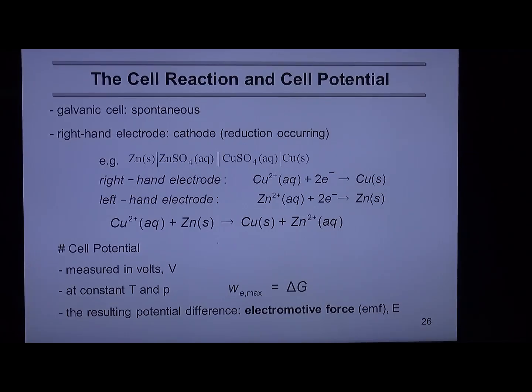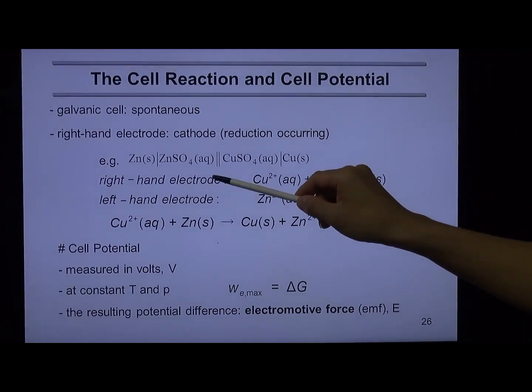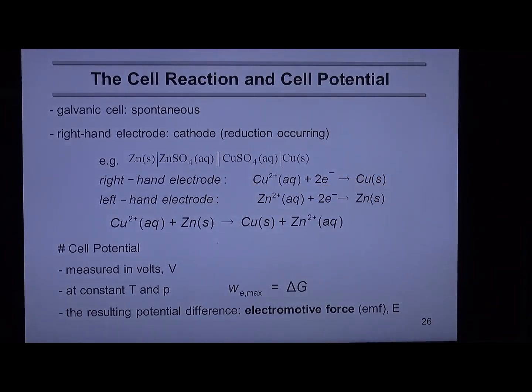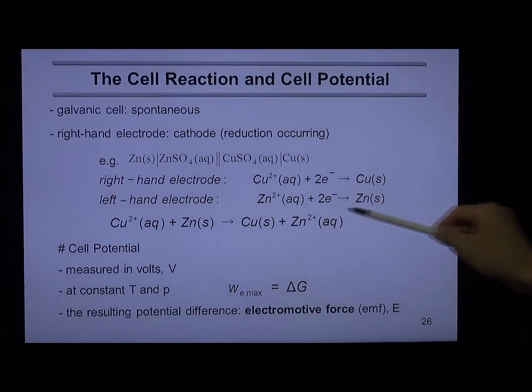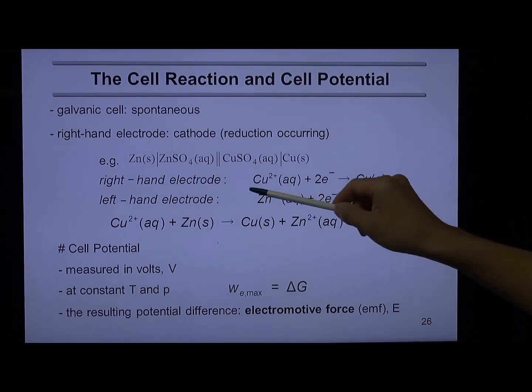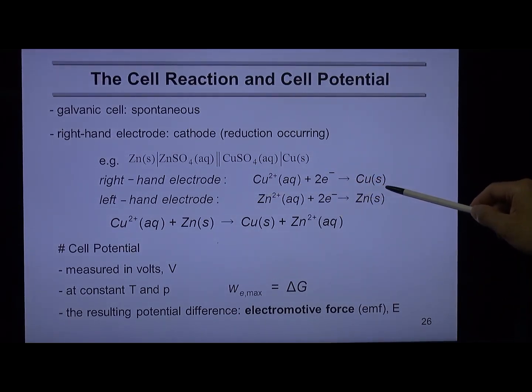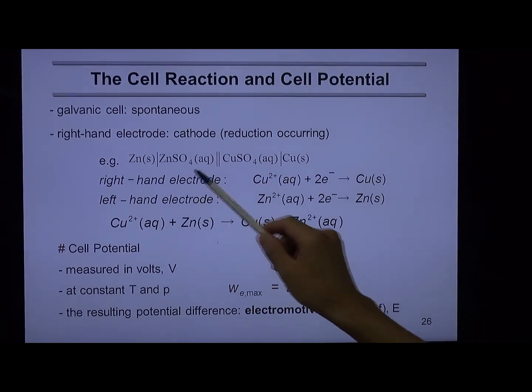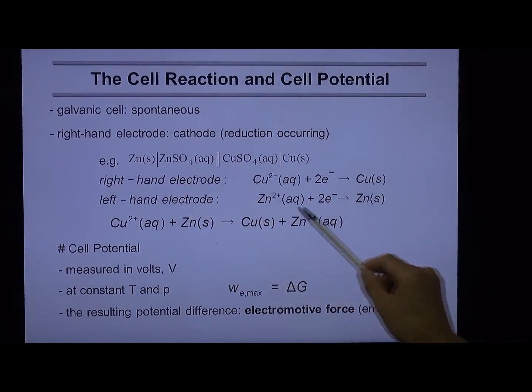Okay. So on each electrode, cathode and anode, we write the half reaction. Half reaction, not cell, half reaction. So on the cathode, the half reaction is this, the reduction of Cu2+ to solid Cu. On the left side, on the anode, the half reaction is this.